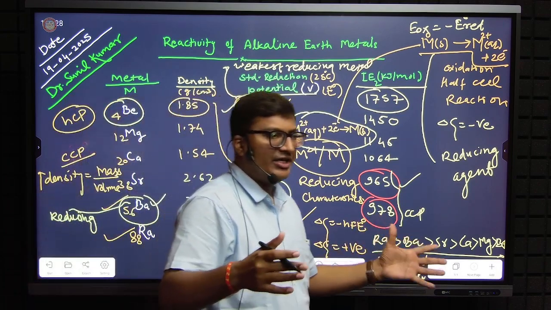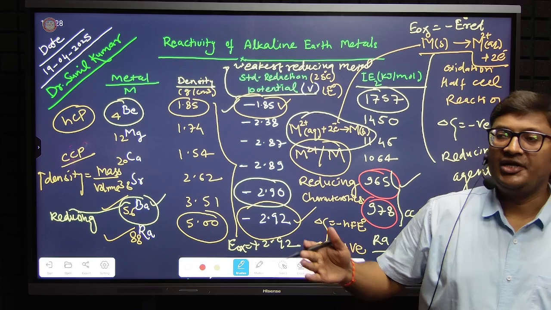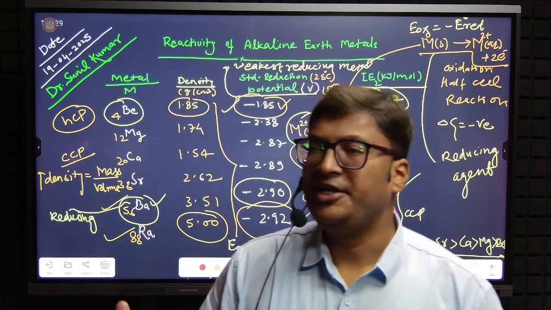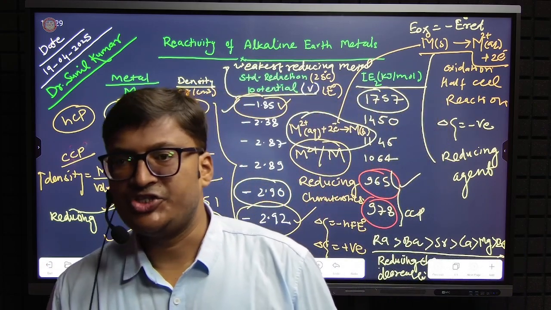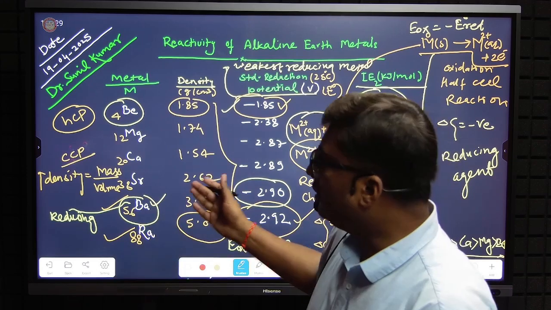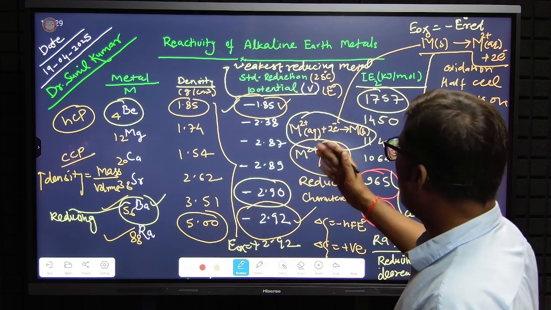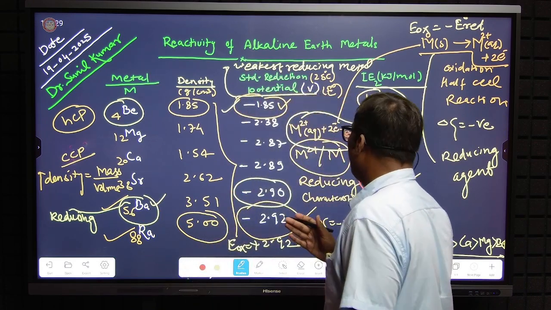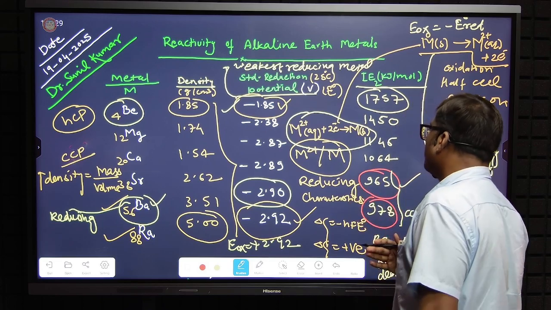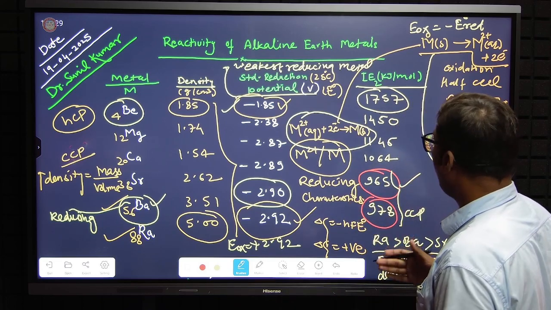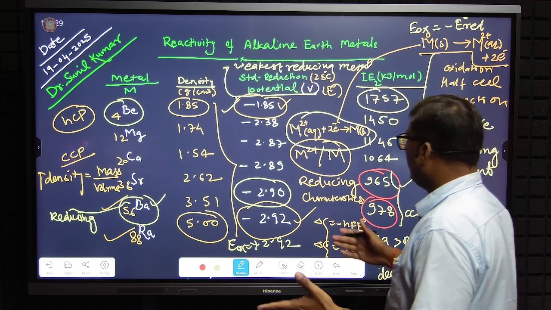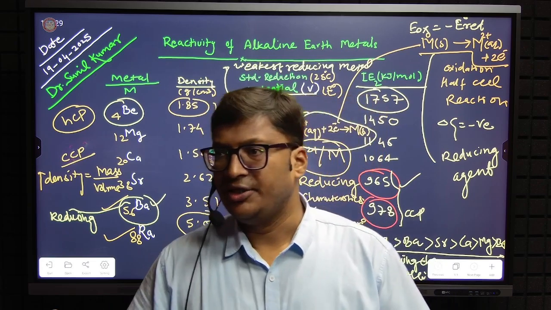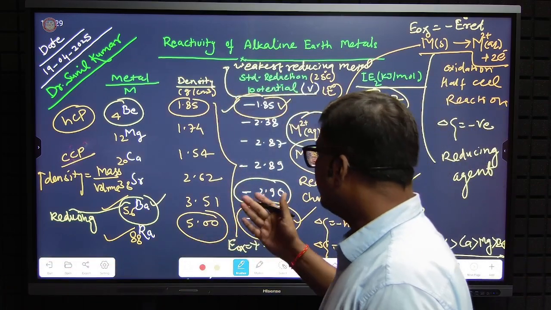In the metallic state, it has a very small size. So all the valence shell electrons are strongly bound with the effective nuclear charge. So the removal process is actually difficult. It takes much more energy to remove the whole, or you can say 2 electrons, from the valence shell.